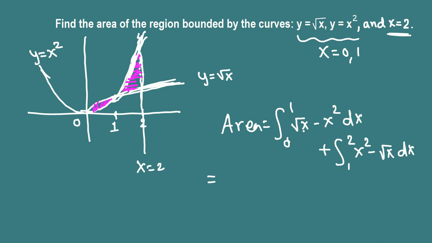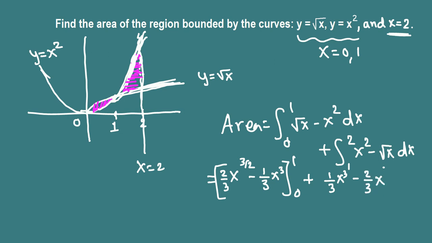So the antiderivative of x raised to 1/2 is x raised to 1/2 plus 1, 3/2, divided by 3/2, which becomes 2/3 x raised to 3/2, minus x squared, which is x cubed over 3, evaluated from 0 to 1, plus, in this case, x cubed over 3 minus 2/3 x raised to 3/2, from 1 to 2.